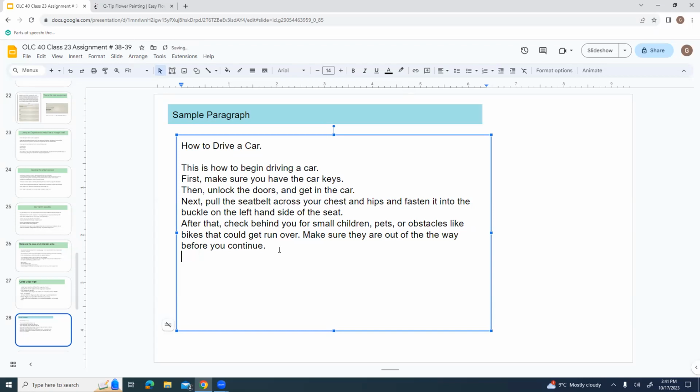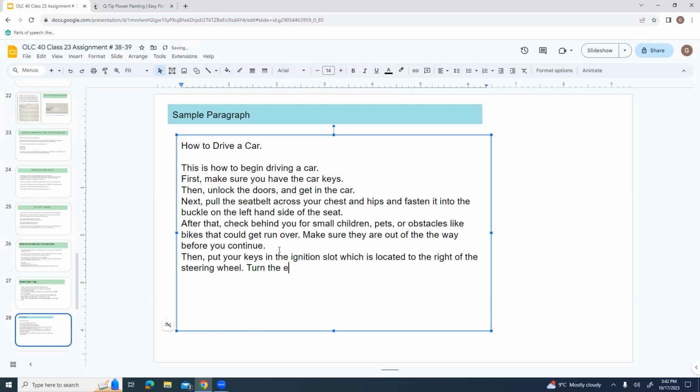Now, no, I can't say "now" because "now" would imply I'm doing it right now. Then put your keys in the ignition slot, which is located to the right of the steering wheel. Okay, so if I want to do this, I'm going to turn the key, and usually I have to give it a little bit of gas.